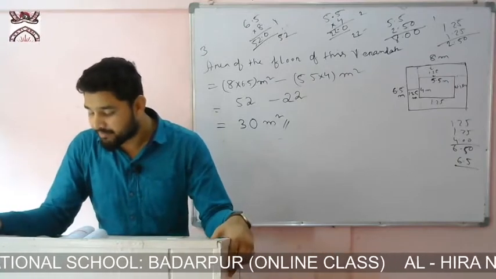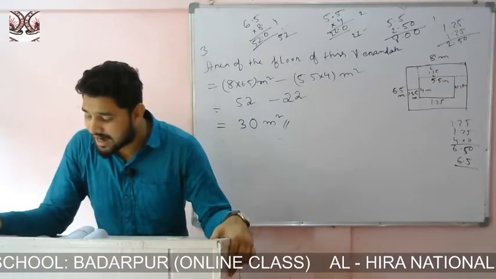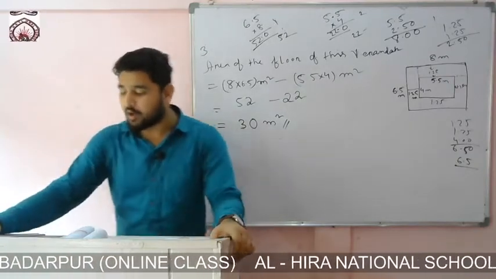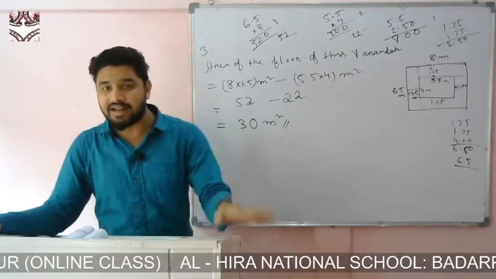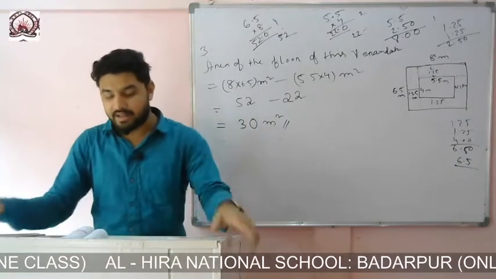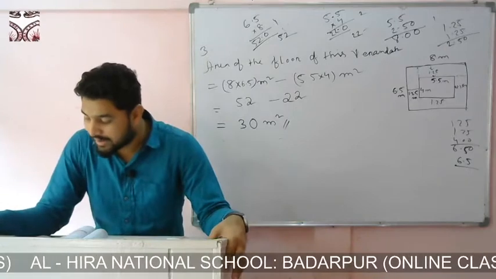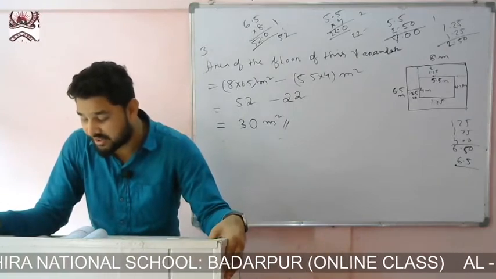A strip 4 centimeter wide is cut from it all around. As earlier, 4 centimeter wide is cut from all around. Find the area of the remaining sheet.